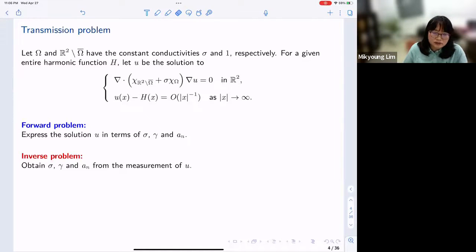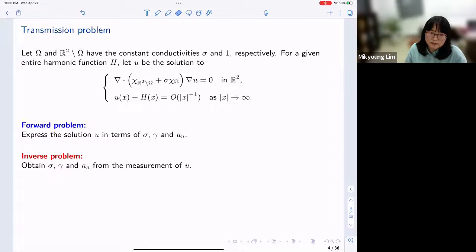And today I will give a solution expression for u in terms of sigma, gamma, and a_n. I will also provide an inverse problem solution. That means expressing sigma, gamma, and a_n from the measurement of u.